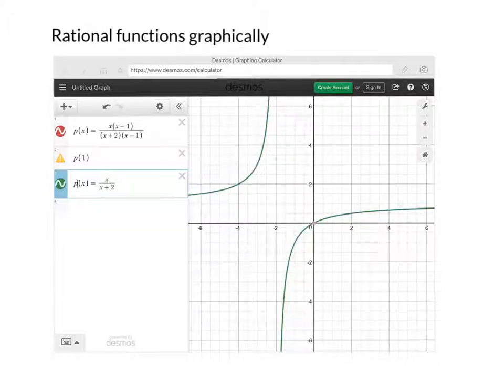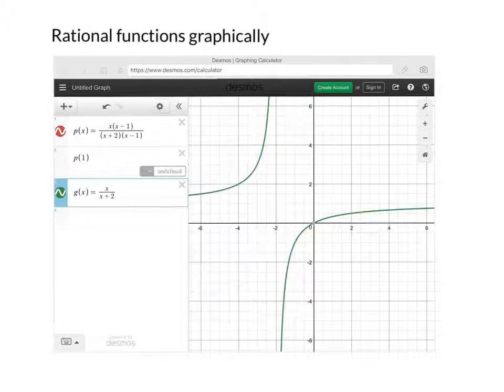So let's give this another name. Let's call this g of x. So g of x is x divided by x plus 2, and p of x has these additional x minus 1 factors in the numerator and denominator. The only spot where these two functions differ is when you plug in 1. If I plug in 1 at p of x, I get undefined.